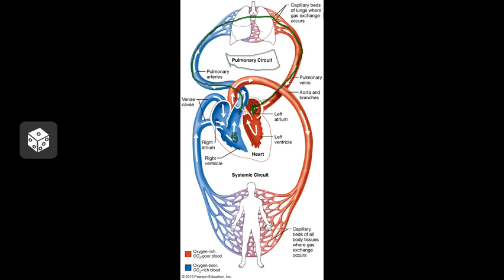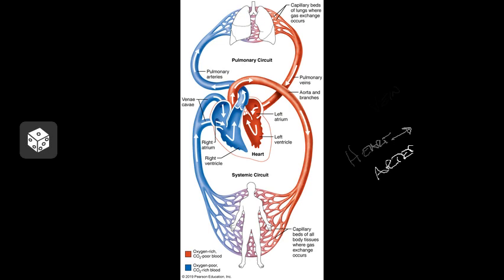Now, I want to make a point here that you need to understand. Any vessel that goes towards the heart is going to be a vein. Any vessel that goes away from the heart, that leaves the heart, that is going to be an artery.